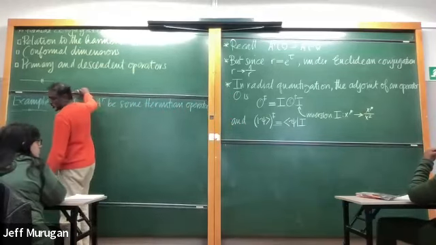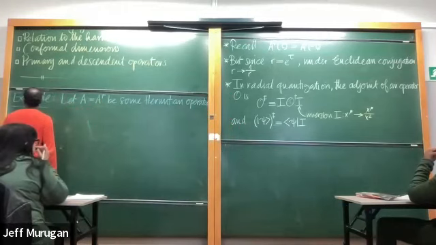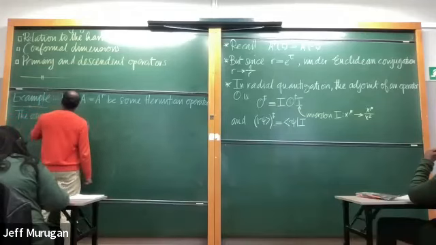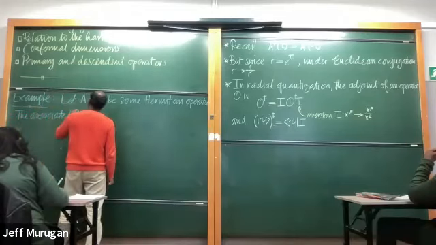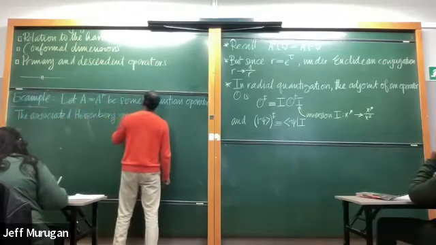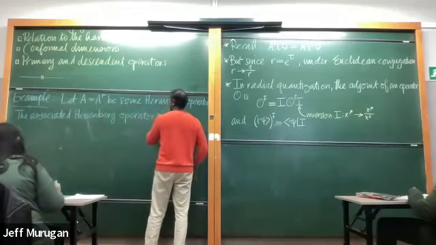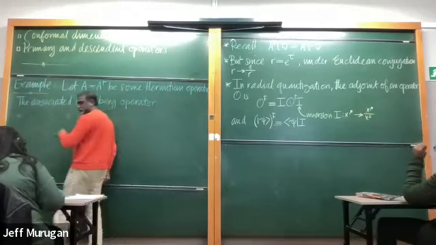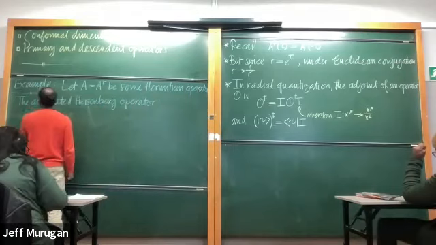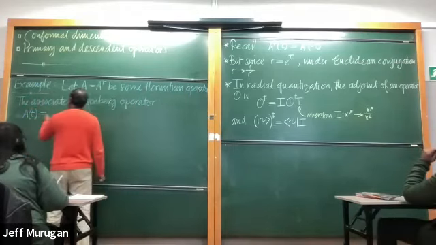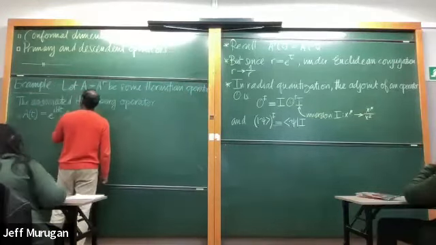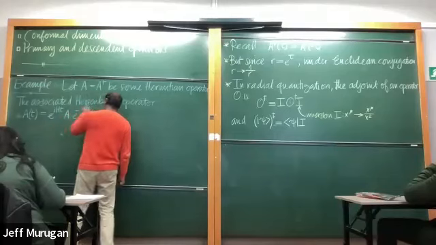The associated Heisenberg operator is A of t. A of t I get by taking e to the i H t, A, e to the minus i H t.